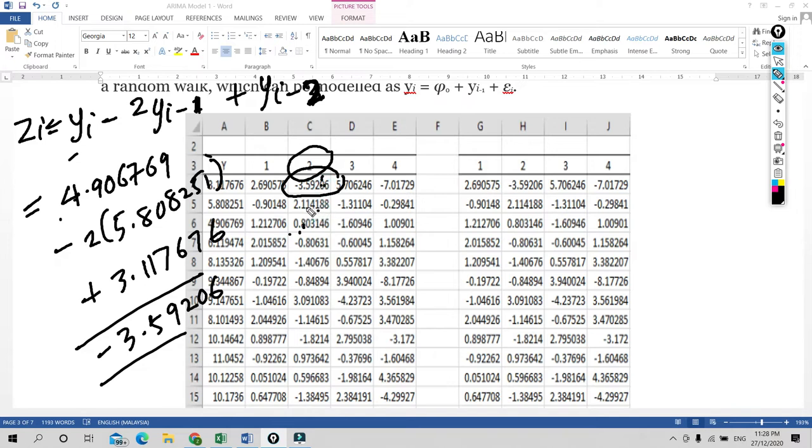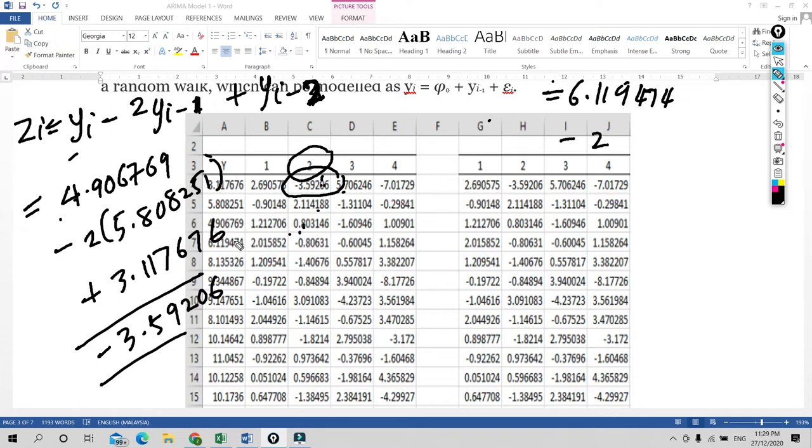And this one, the value here, 2.11418, how do we get it? This can be written as zi equal to yi, and yi here is 6.119474, minus 2 multiplied by yi minus 1.